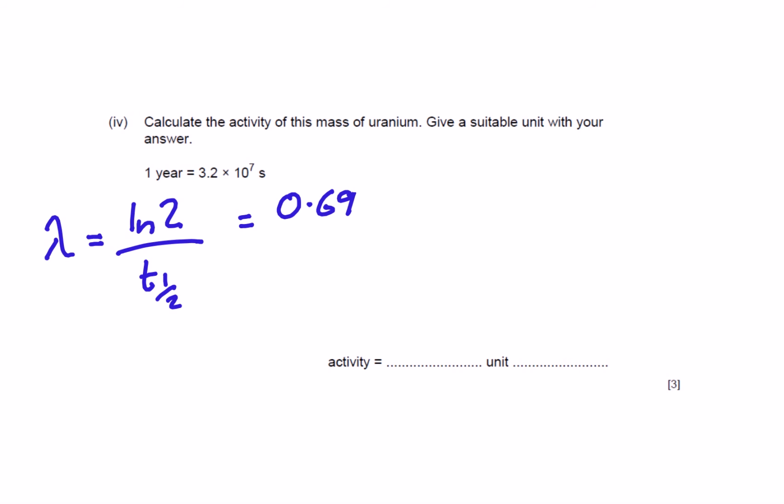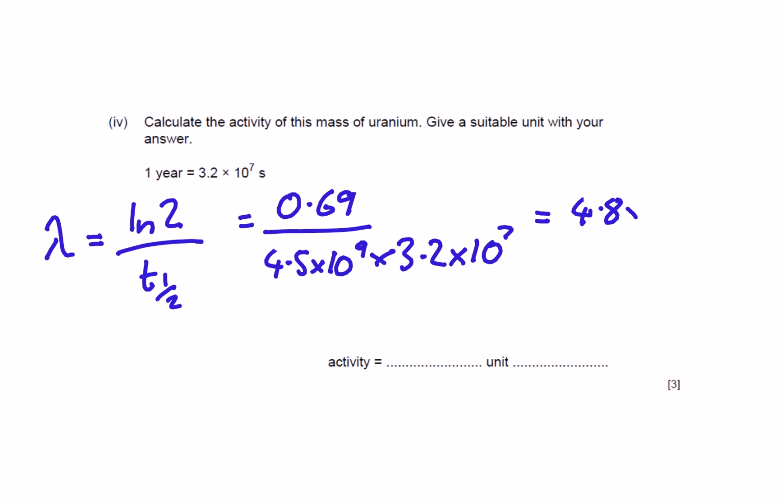The half-life is 4.5 times 10 to the 9 years, but we want that in seconds, so times 3.2 times 10 to the 7 seconds, and that will come out giving us our decay constant as 4.8 times 10 to the minus 18 per second.